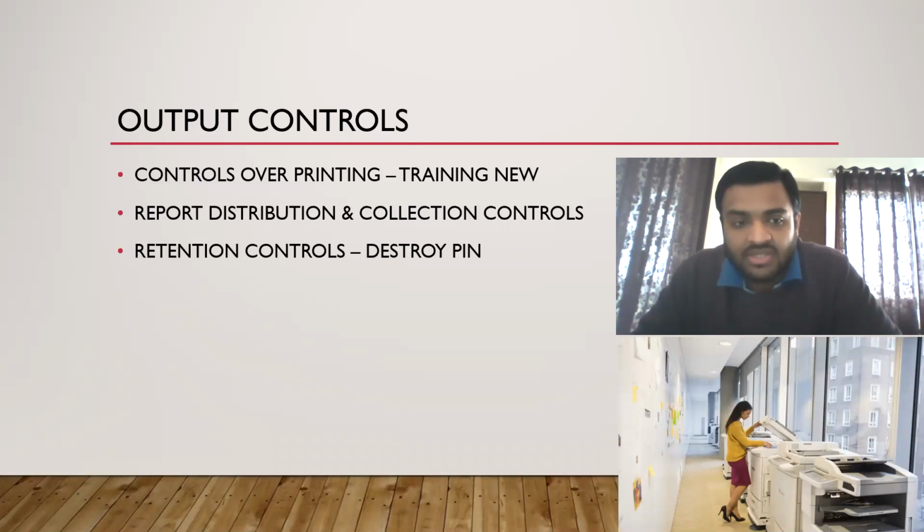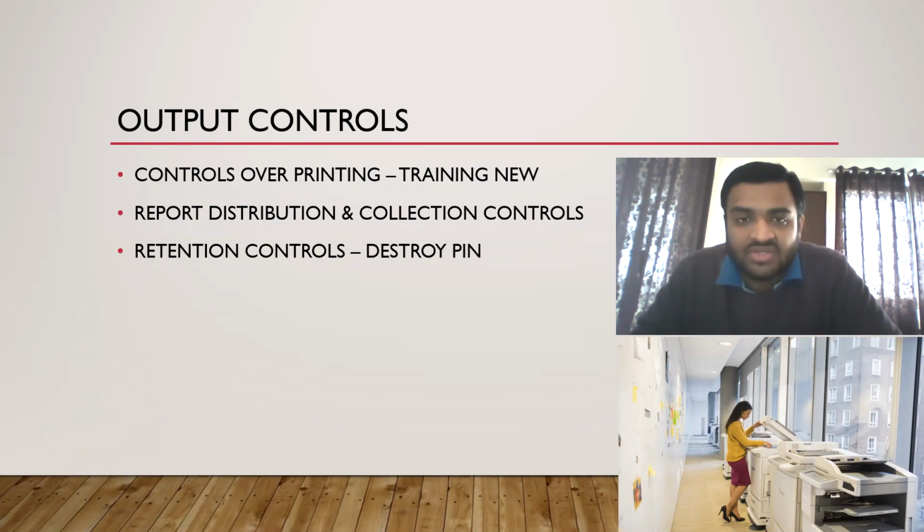Output controls, report distribution and collection controls. We have seen on the board here, we have some quick notes or pasties there. Why have we done that? So that we don't give the output to the wrong department or to the wrong person. So basically these are controls for report distribution and collection.